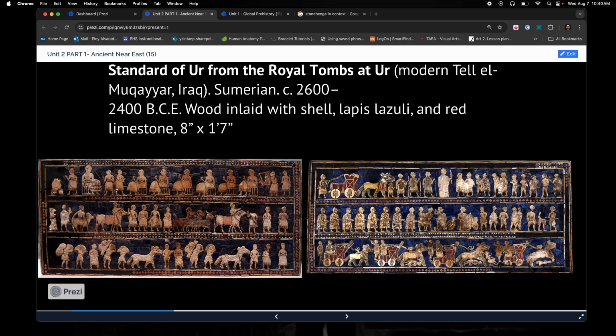This is wood, shells, lapis lazuli. You Minecrafters know what that is. And red limestone. I want you to look at the dimensions. 8 inches by a foot and 7 inches. It's not very big, right? It's smaller than the size of a piece of paper.